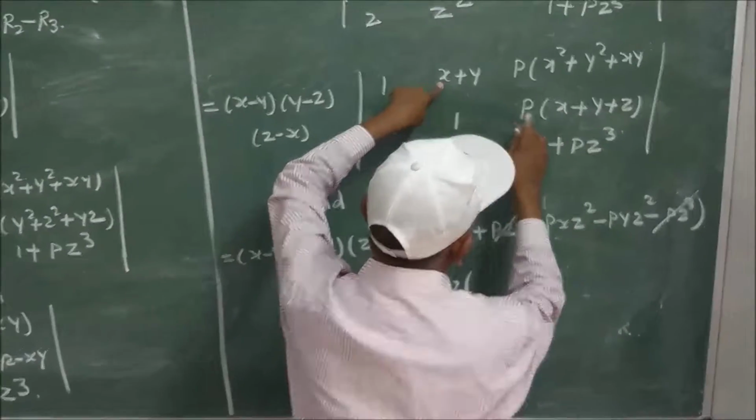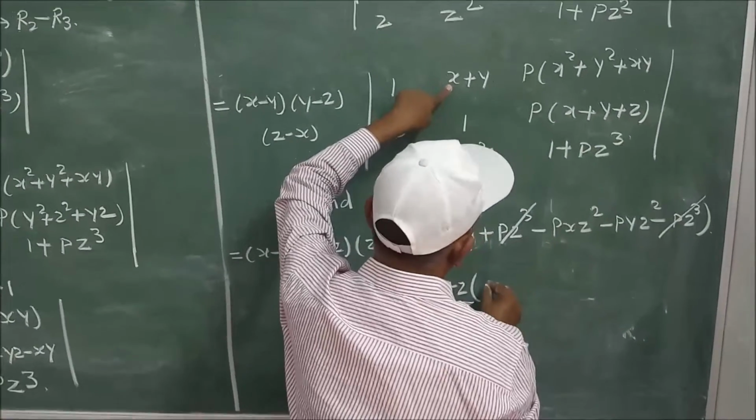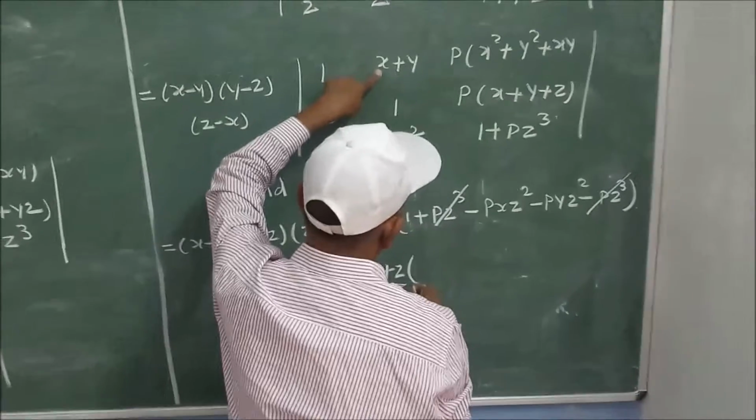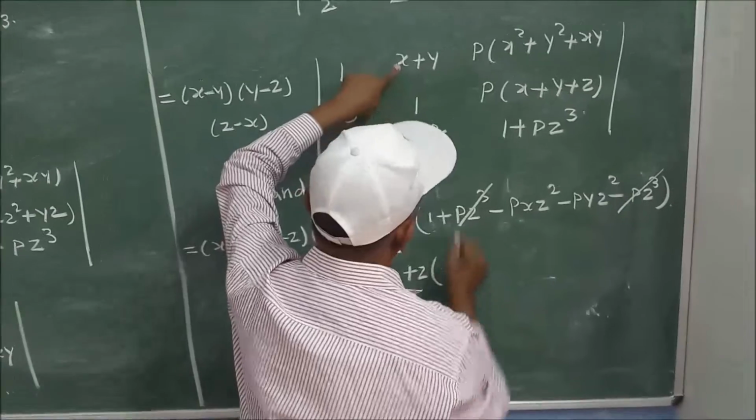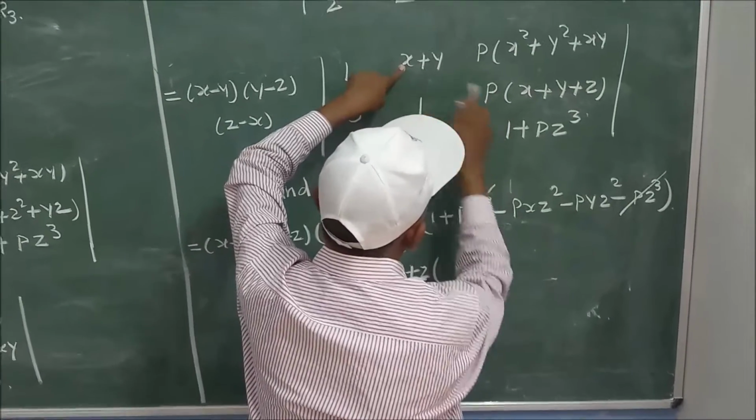Again plus z into x plus y to this term. So first multiply x to all these terms. So this will be equal to z into, see here, z into x multiply to this.